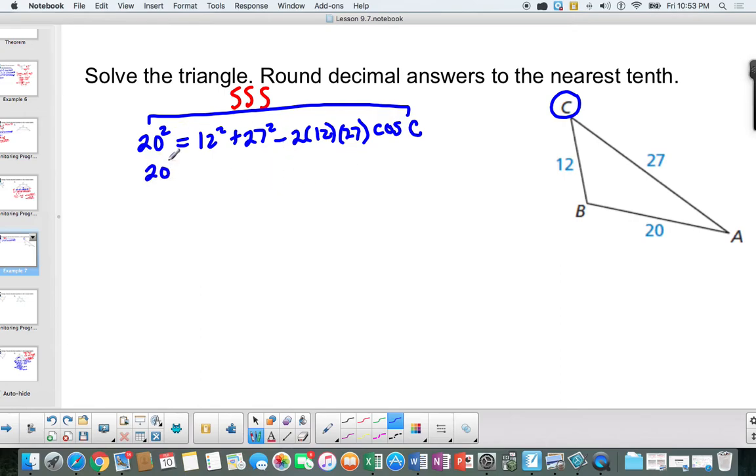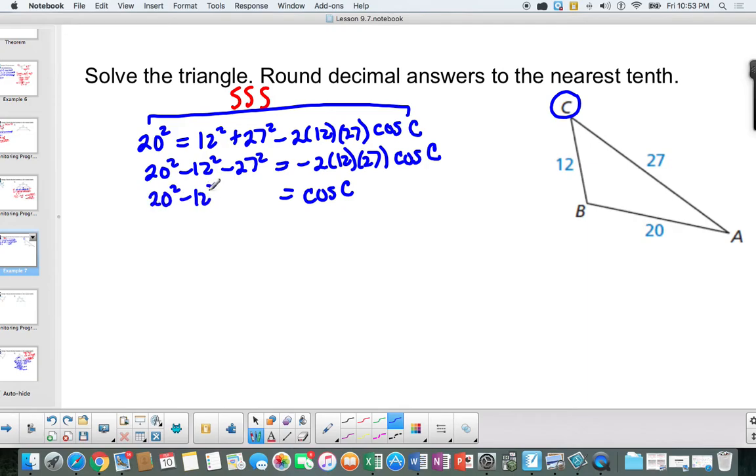So I'm not going to do any squaring. I'm going to do that at the very end. I'm going to subtract all those things that are being added, and then I have this. Now to get rid of this, I'm going to have to divide both sides, and I'm going to have 20 squared minus 12 squared minus 27 squared, all divided by negative 2 times 12 times 27.